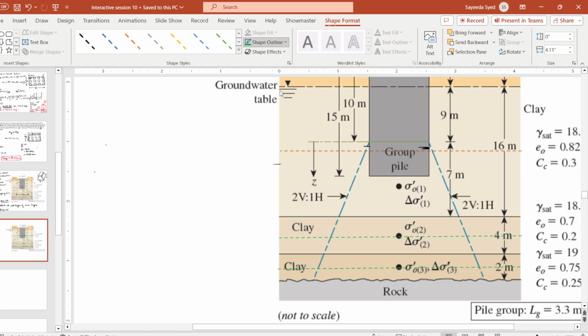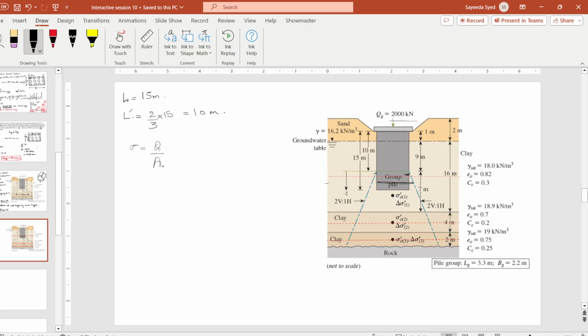If the load distribution was starting from here, and the midpoint of the first layer was here, then we would have taken sigma for the first layer simply as Q divided by area, or BgLg, because here Z would have been 0.